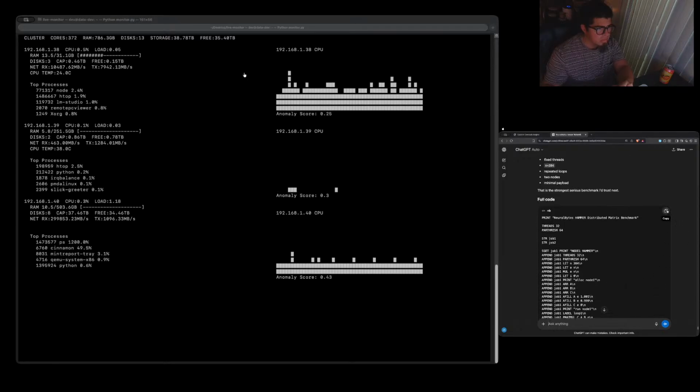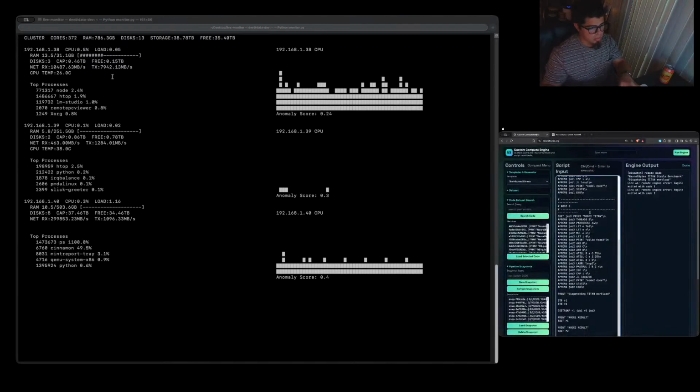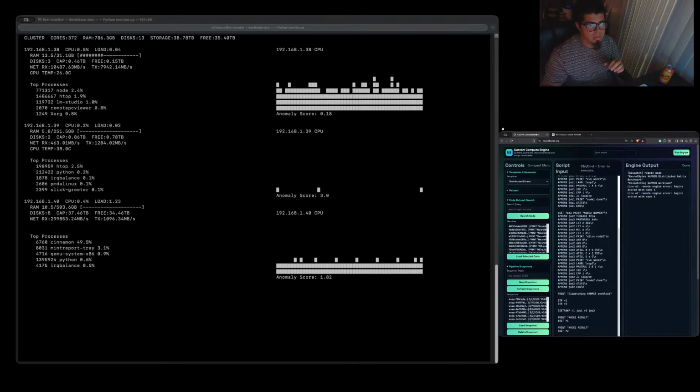Okay, it says to hammer it with this one and see what happens. So we're gonna hammer it with that one. So this is what I do. I go to my Codex, I say, ChatGPT gave me this code, but my side gives me this error.